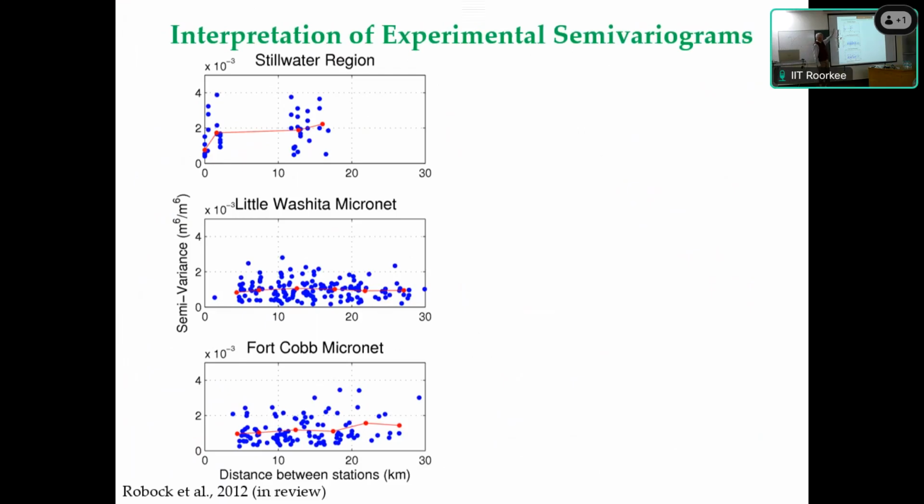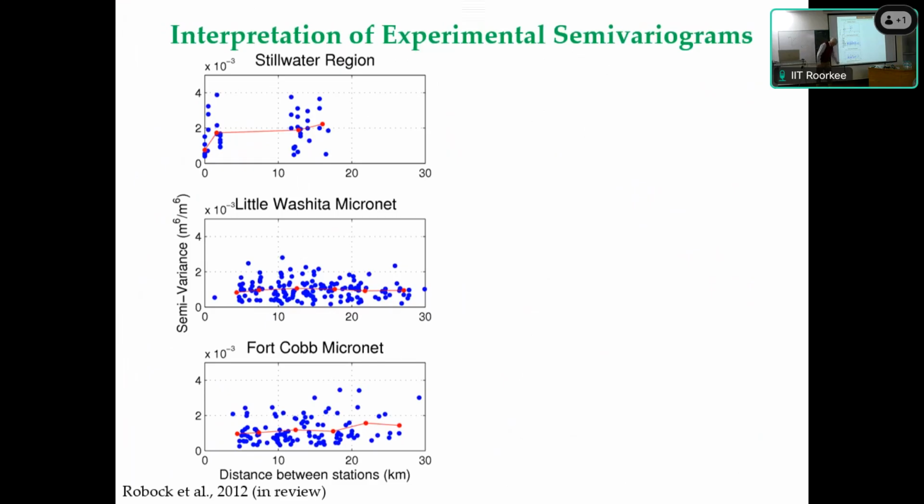And these semi-variograms were delivered from a climatologist, measured at weather stations, I think, from the Mesonet, one of the most famous networks of weather data in Oklahoma. It's a fantastic network. So how would you interpret these semi-variograms?